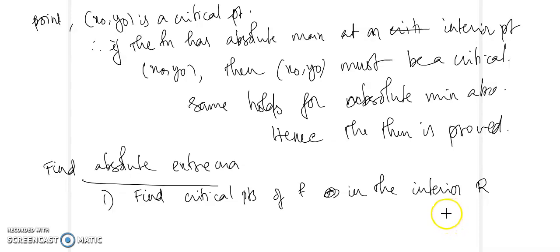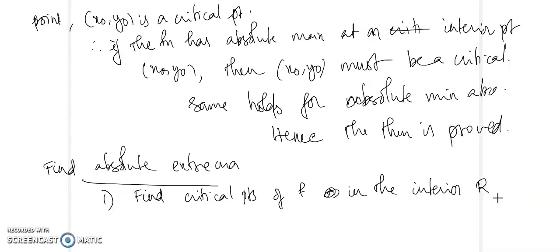The first critical points we need to find are the interior critical points. For finding the critical points in the interior of the region R, use the first partial and second partial test. As we did for relative extrema, set fx and fy equal to 0.